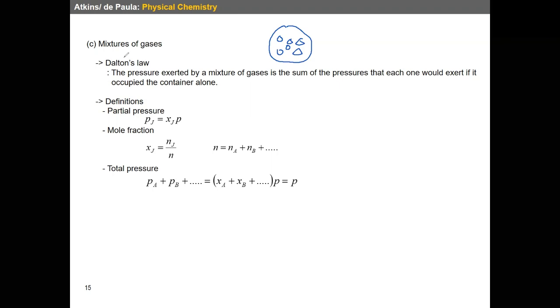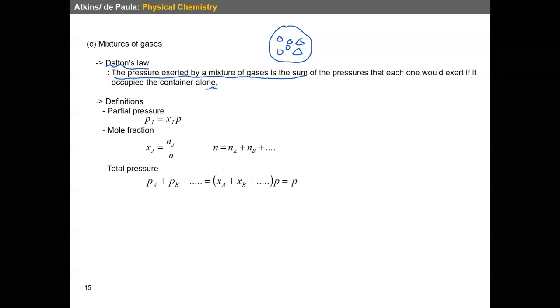In the realistic case, we assume that the different molecules in a mixture will follow Dalton's law. So what is Dalton's law? Dalton's law is that the pressure exerted by a mixture of gases is the sum of the pressure that each one would exert if it occupied the container alone.